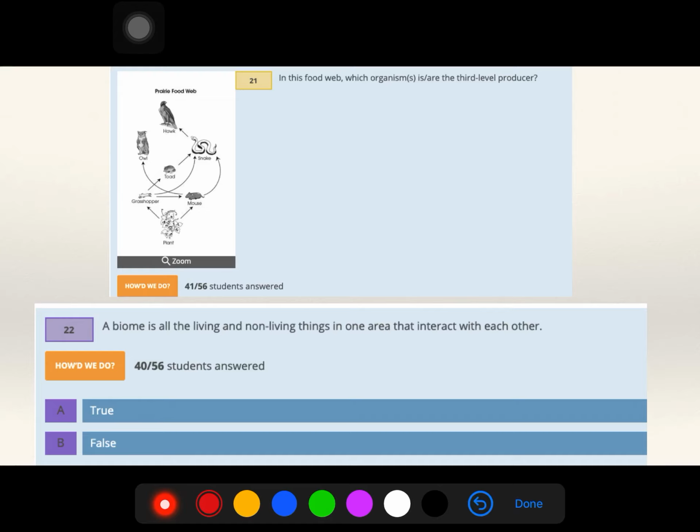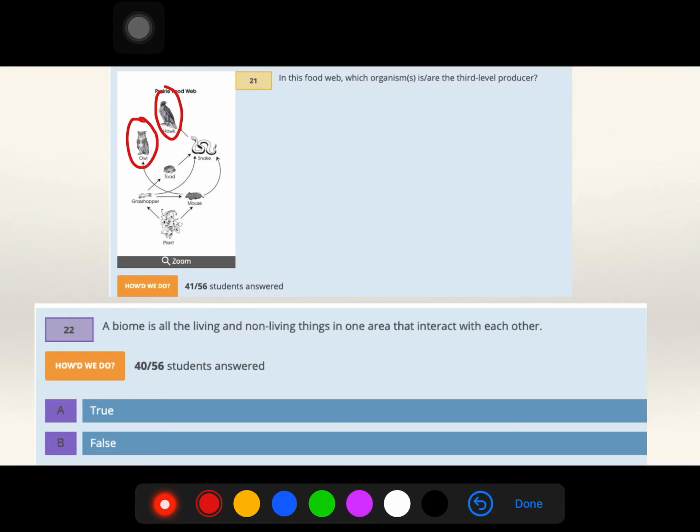All right, and this one says which organism or organisms are the 3rd level producers. Those are at the top of each of the food chains, the hawk and the owl. So I think many of us just chose one. The snake is not the 3rd level. I could see why you would say that because it's eating something. 1, 2, 3.